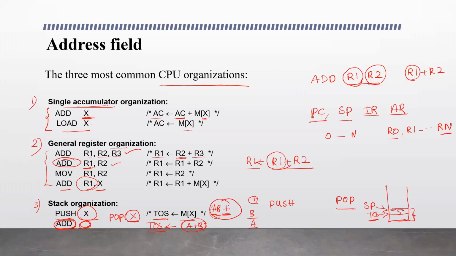Suppose you have 5 and 6, if I write an add instruction in this organization, the add instruction means remove the data at the top two positions of the stack, that is 5 and 6, add both, 5 plus 6, and store the result back to the stack. That will be the top location.